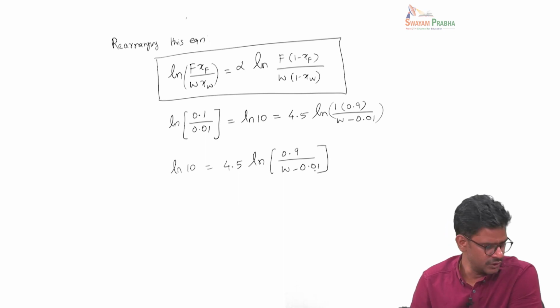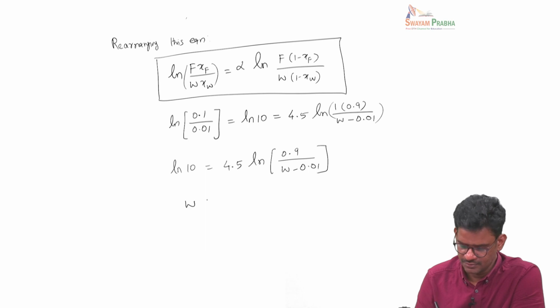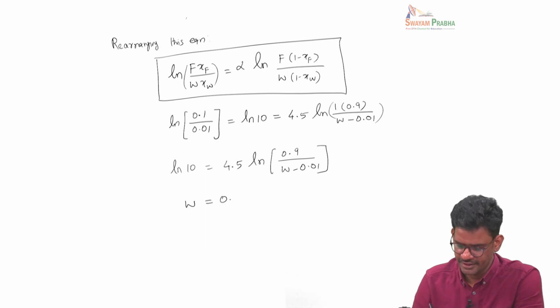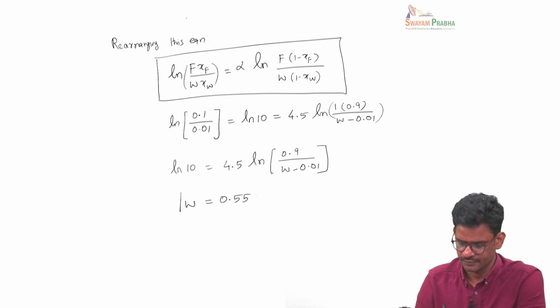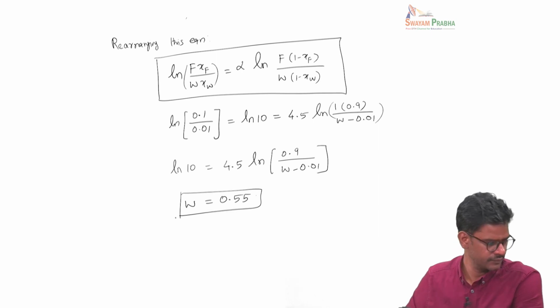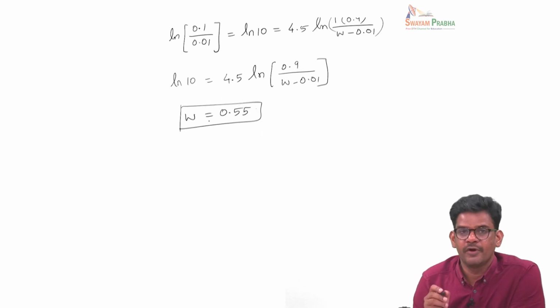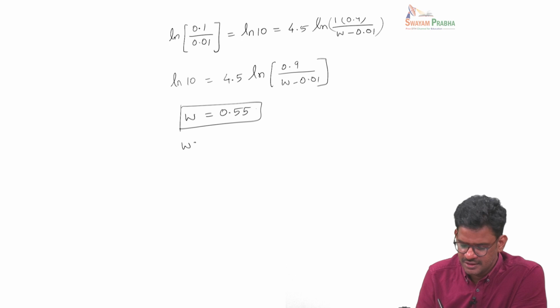From here we can solve W, this comes out to be 0.55. So, W is 0.55, but we already know that W times XW is 0.01.